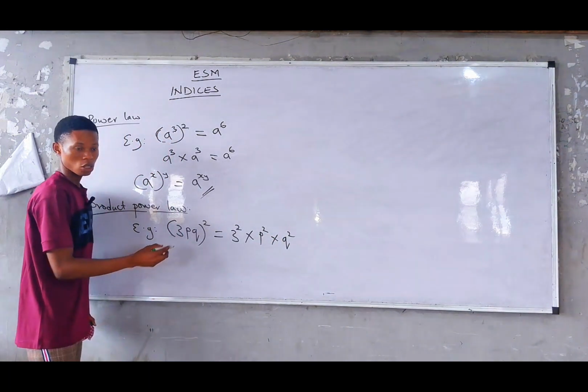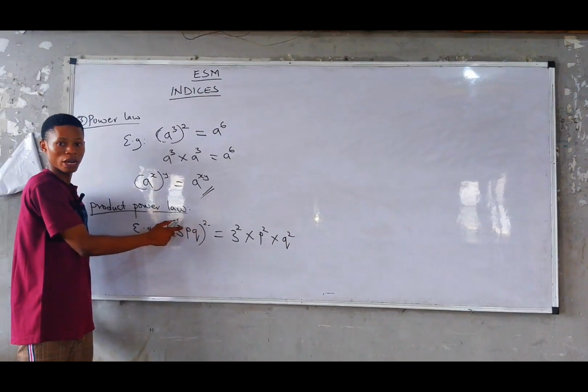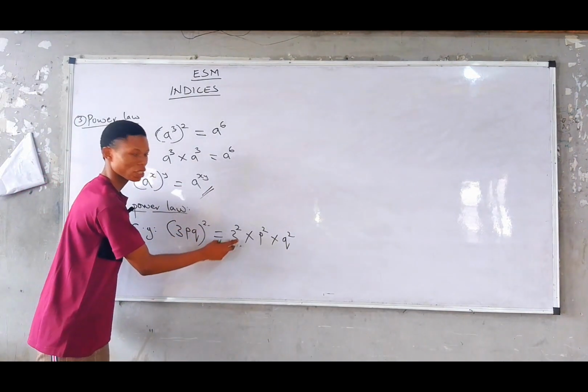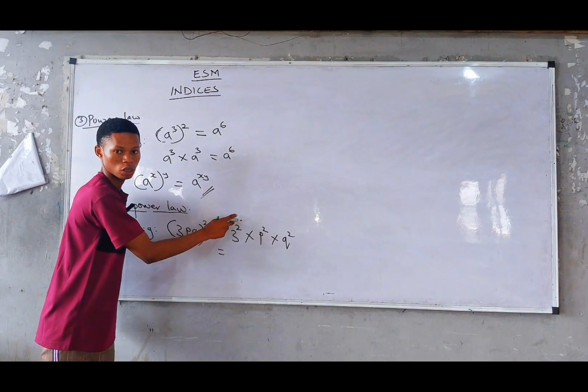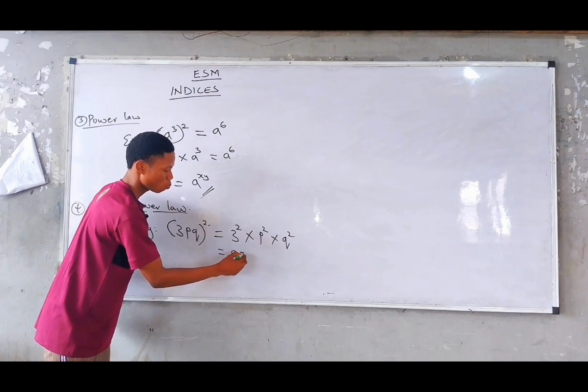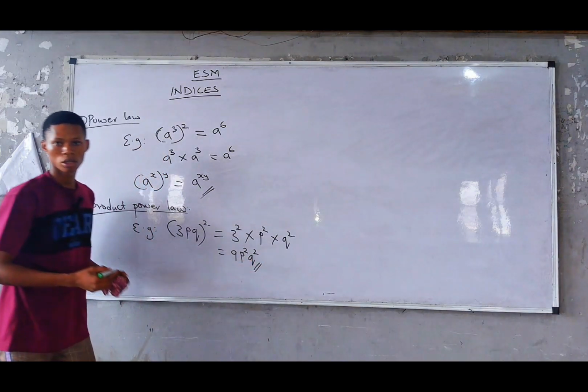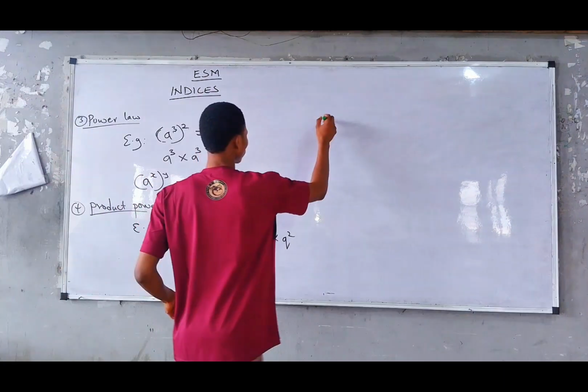Do you get that? So anything outside the bracket, square here, applies to everything in the bracket. So we'll be having 3 square, which is what? 9, right? So we'll be having 9p square q square. Do you understand?